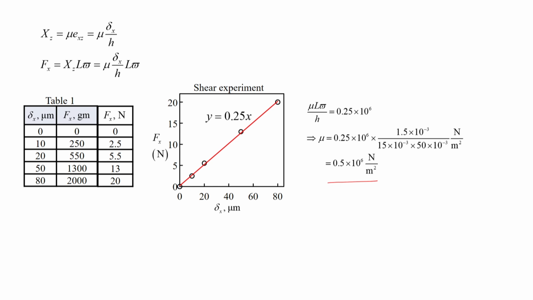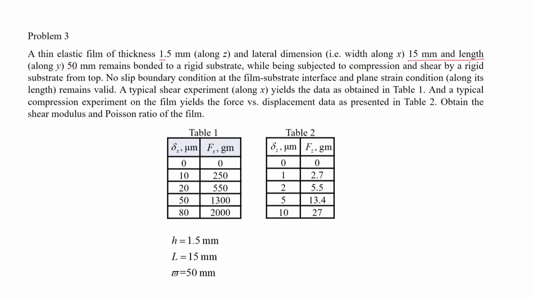Then we did the second experiment in which we compressed without shear, and in that case we have the data of compressive load as a function of the deformation delta. Using this shear modulus, we can actually obtain the Poisson ratio. That is what I would like to do.